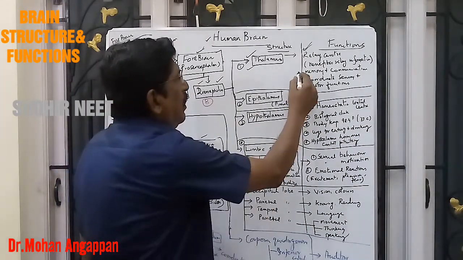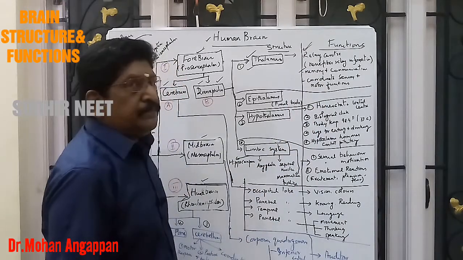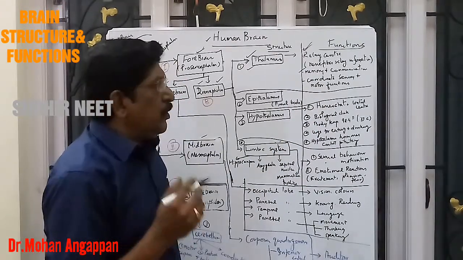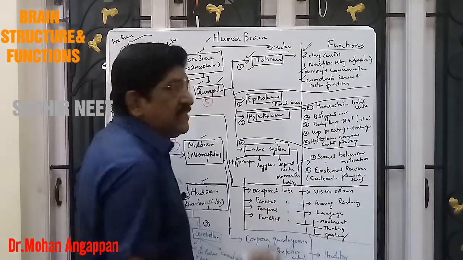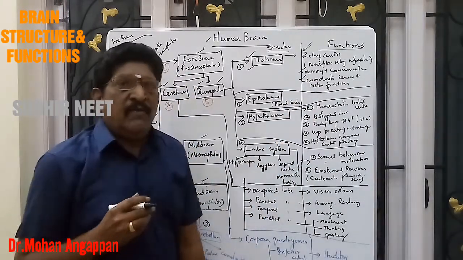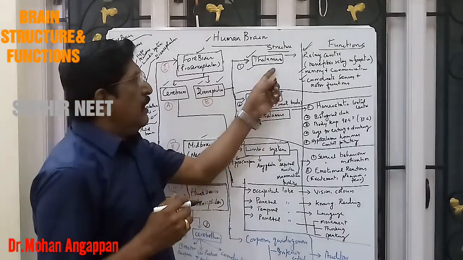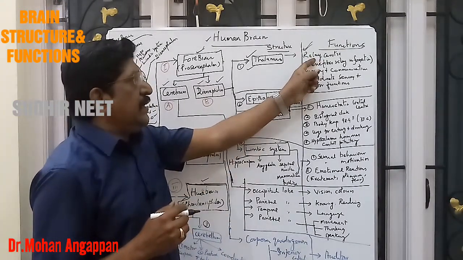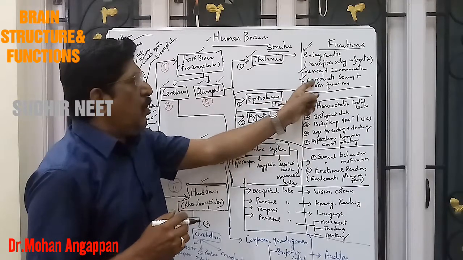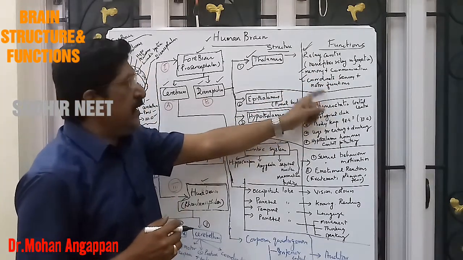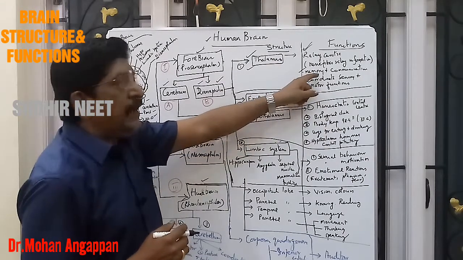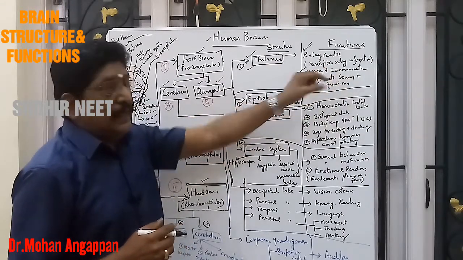It coordinates important sensory and motor functions. Besides that, the thalamus is responsible for memory and communication.